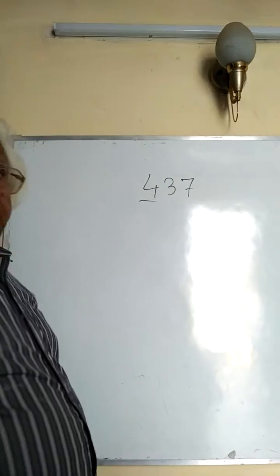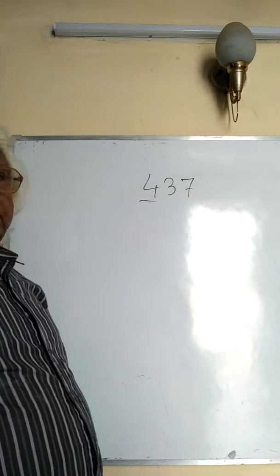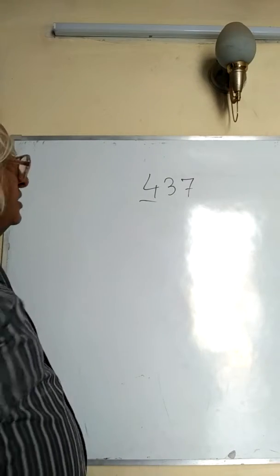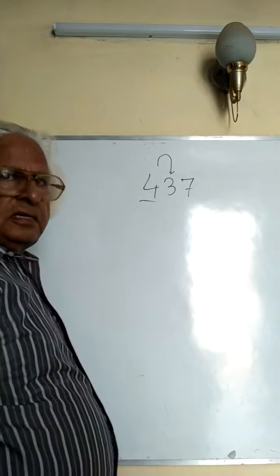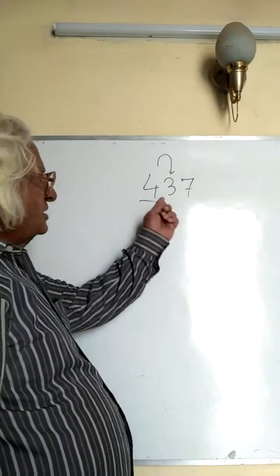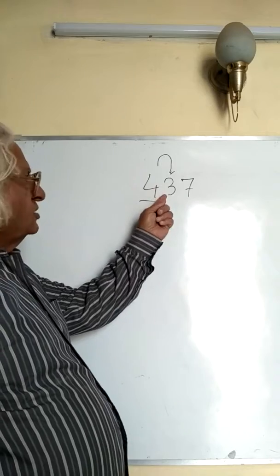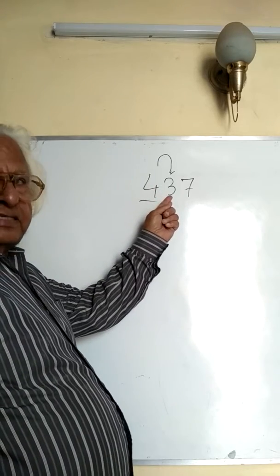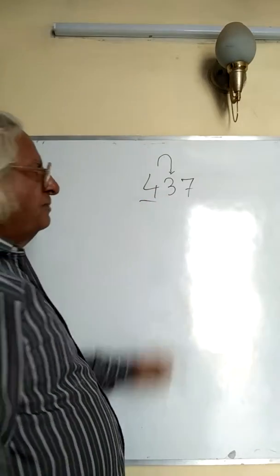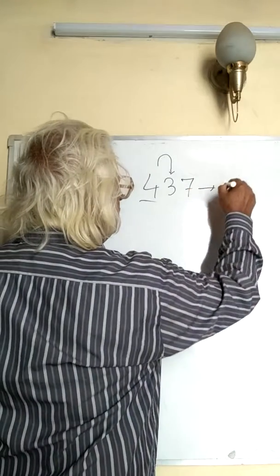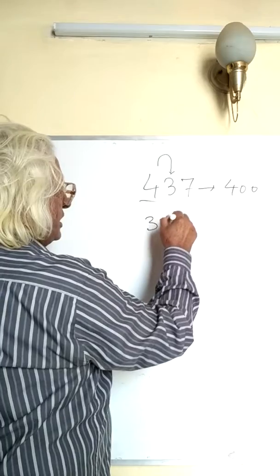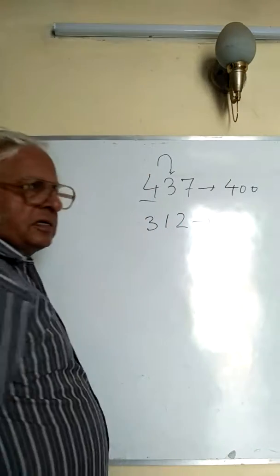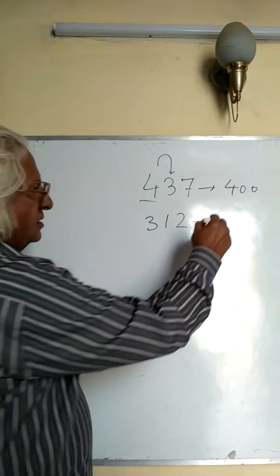This is my digit, because I have to round it off to the nearest 100. So for that I am going to examine the next digit next to 4. Since this is less than 4, nothing will happen to this. So it will be 400, or 312. Same logic, this will be 300.